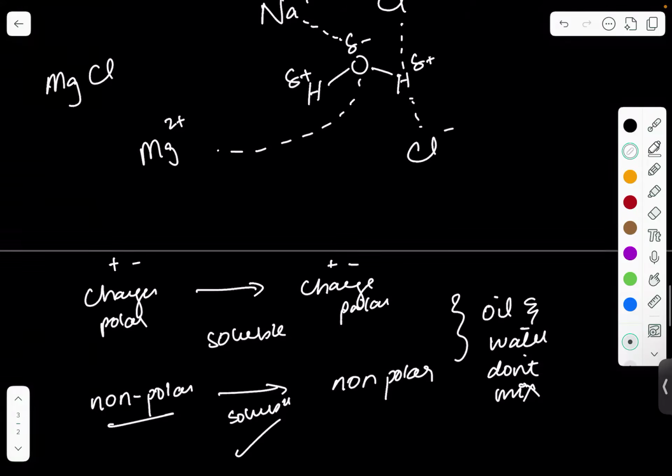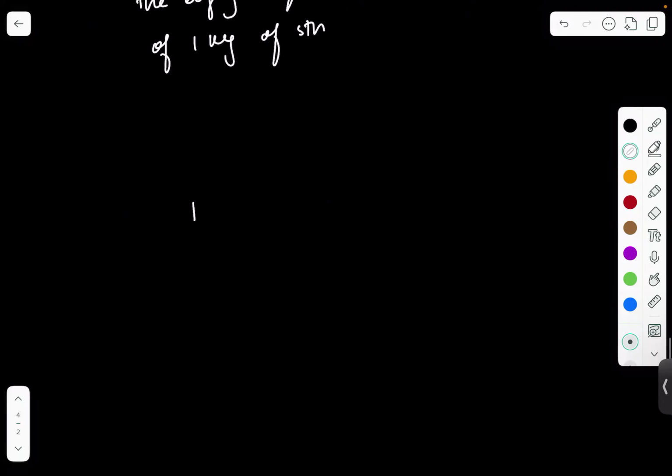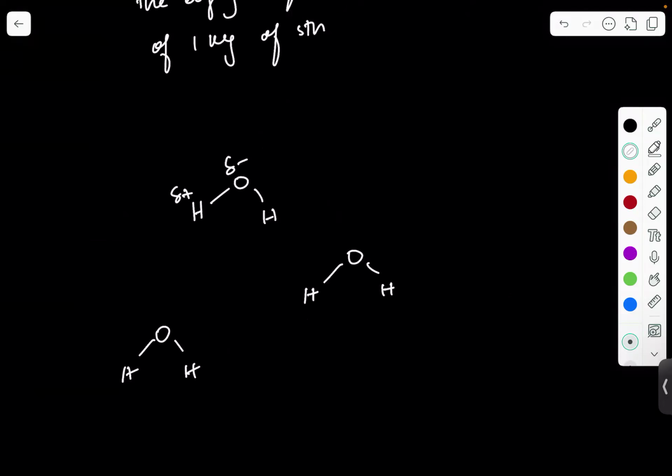Now, look at the structure of water again. And this is where it gets interesting, and this is where it gets interconnected. You understand why there are partial negative, partial positive charges, right?